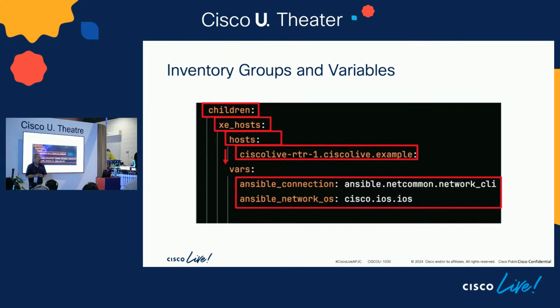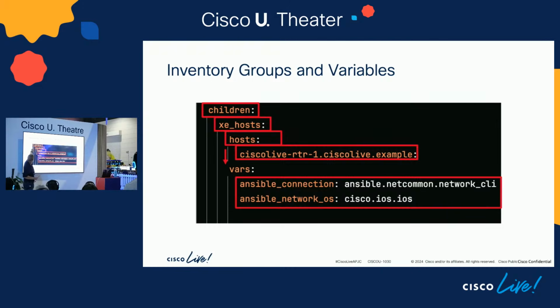If I had something that I wanted to perform for a specific group of devices, you just saw we had the NTP servers defined for every device in our network. In this case, I want to create a group called xe_hosts. So maybe I have a mixed network. I have NX-OS and IOS XR and IOS XE. Maybe I want a play that I can restrict only to the IOS XE hosts. I could create a group.